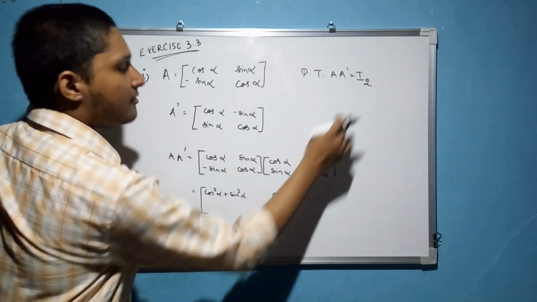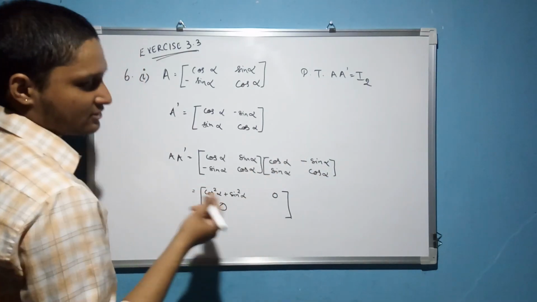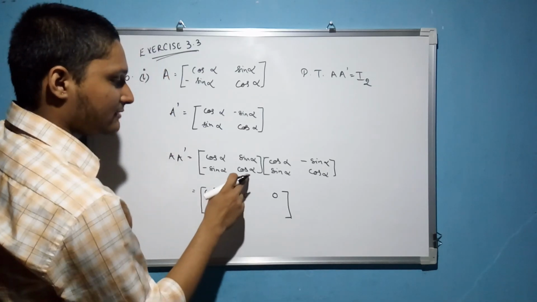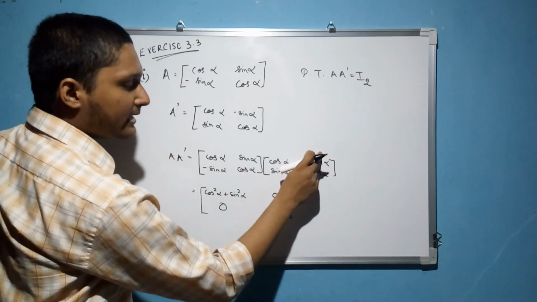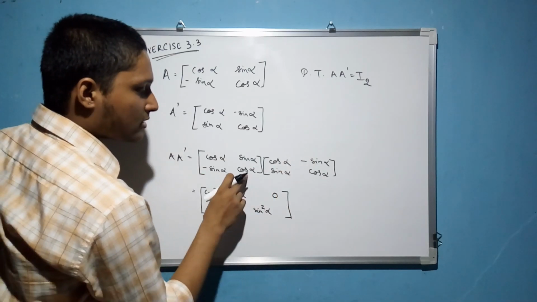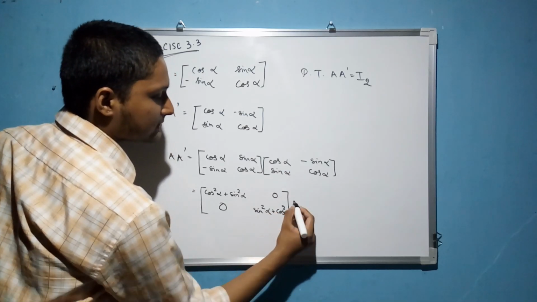You know that it is going to be the identity matrix, so you can write this also as 0. At last, we'll see once more: minus sin alpha into minus sin alpha is sin square alpha, and you have cos alpha into cos alpha. So adding, it becomes like this.